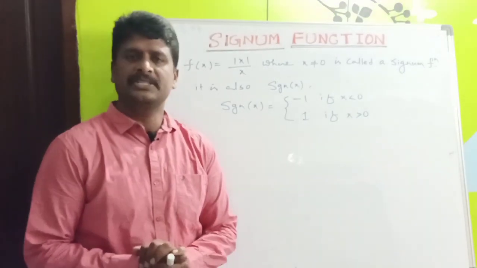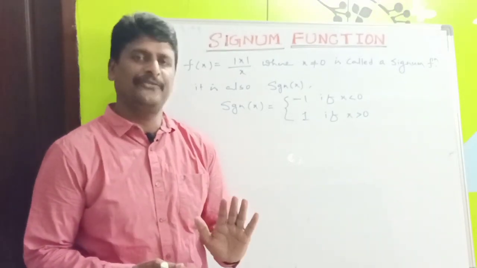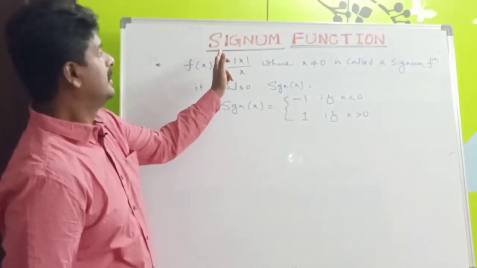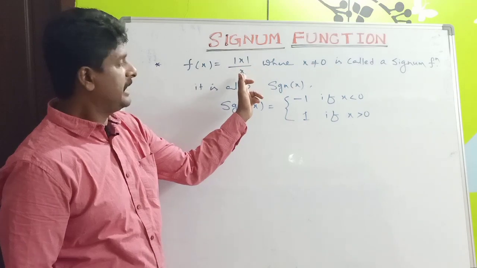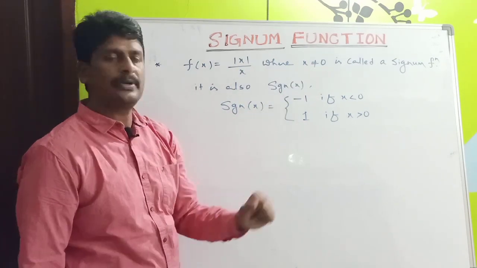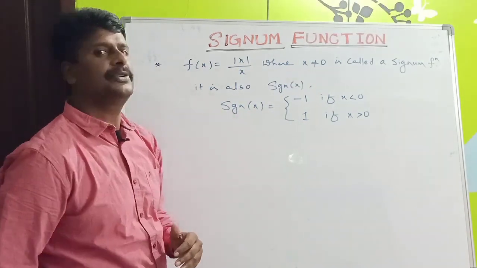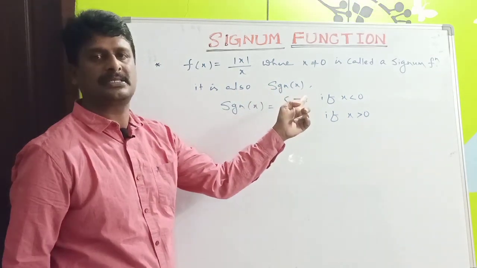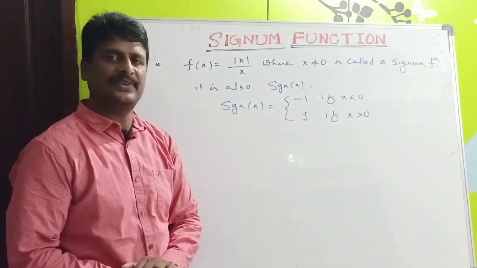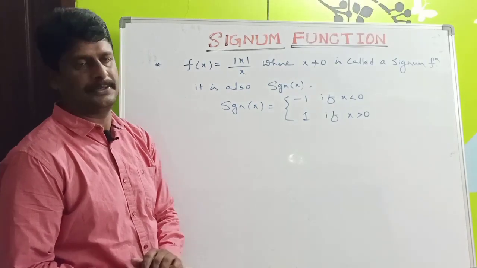See, our next function is the Signum function. Okay? F of x equals modulus x by x, where x not equal to 0, is called the Signum function. It is also denoted by Sgn of x. Sgn stands for Signum of x.